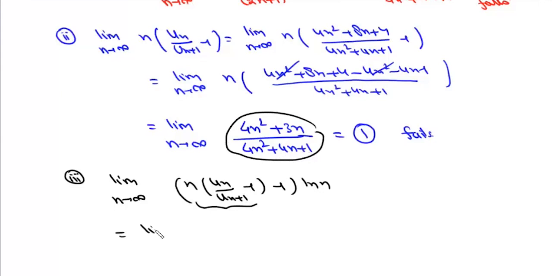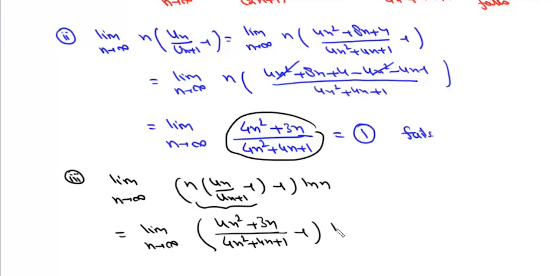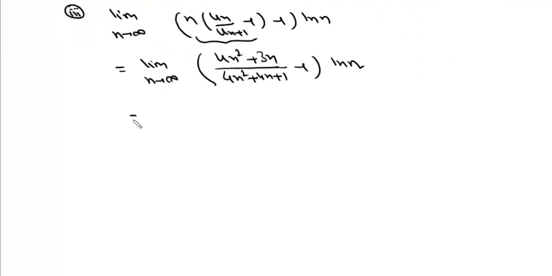So we can write this as the limit as n tends to infinity of ((4n square plus 3n) upon (4n square plus 4n plus 1) minus 1) log n. Now this 4n square will cancel. So here we'll have (minus n plus 1) upon (4n square plus 4n plus 1) into log n.